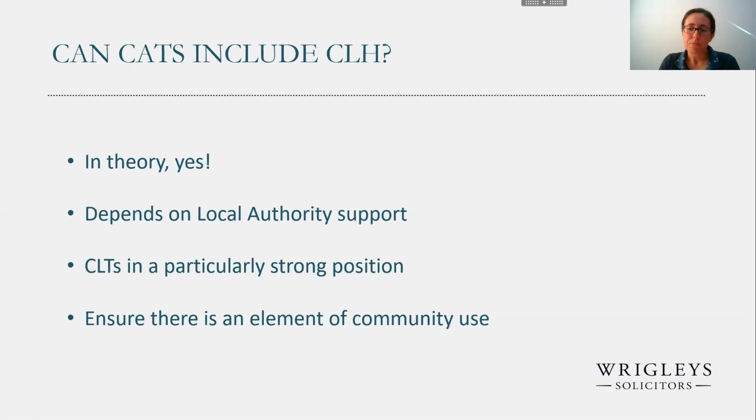If you're purely setting up, for example, a housing co-op, you might have a harder job to justify how you'd fit into the CAT process and the general consent regime. The idea is that you need to ensure there's some benefit to the wider community.